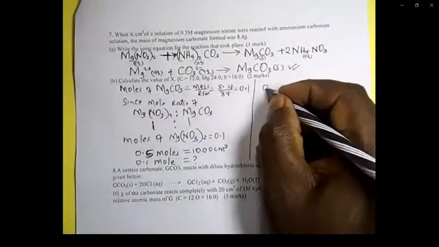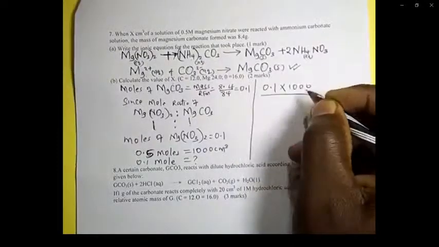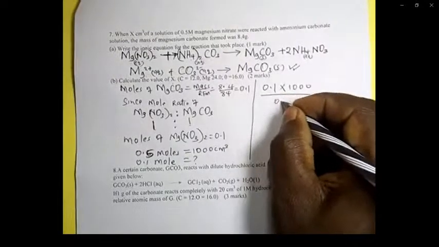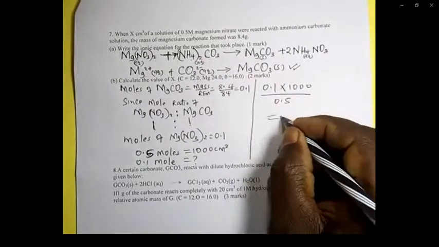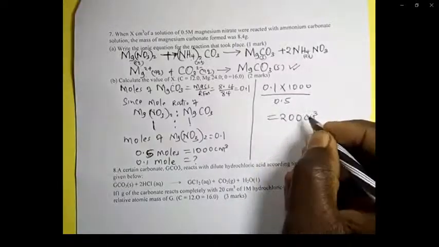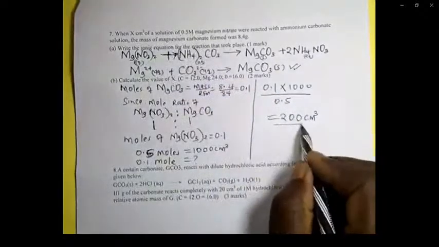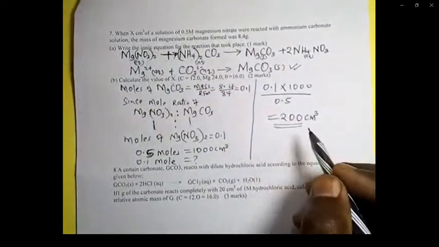So that is 0.1 times 1,000 divided by 0.5, and this will give us 200 centimeters cube. So the value of X, the volume of magnesium nitrate that was used, is 200 centimeters cube.